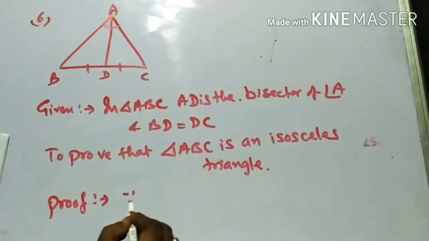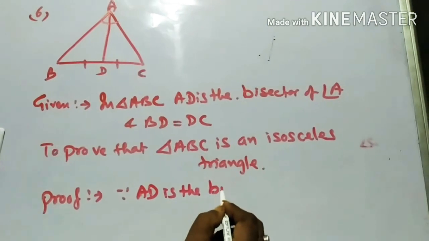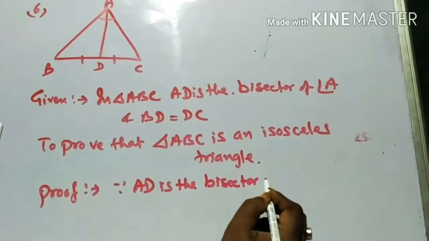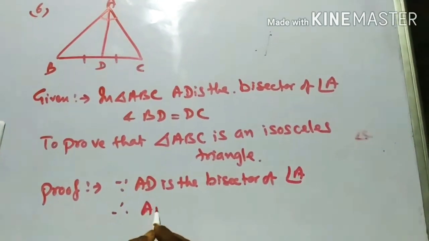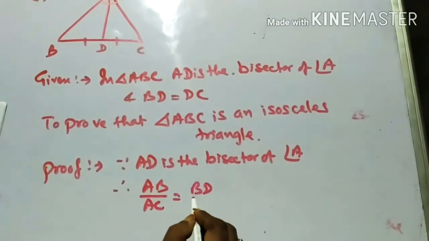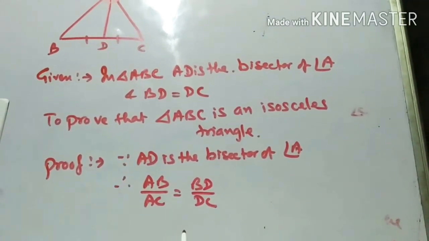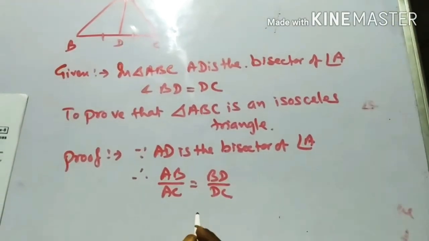Since AD is the bisector of angle A, therefore AB by AC is equal to BD by DC. This is again from the theorem I have already told you earlier.